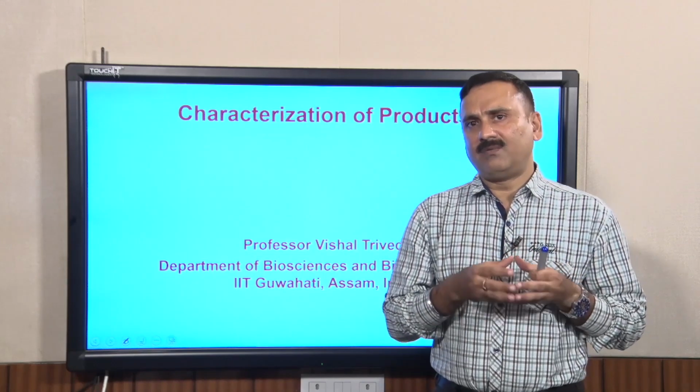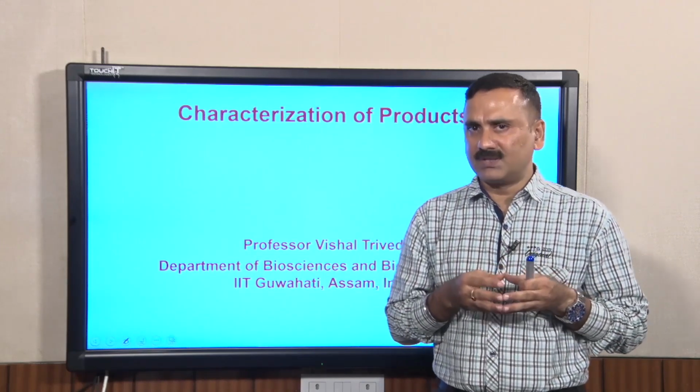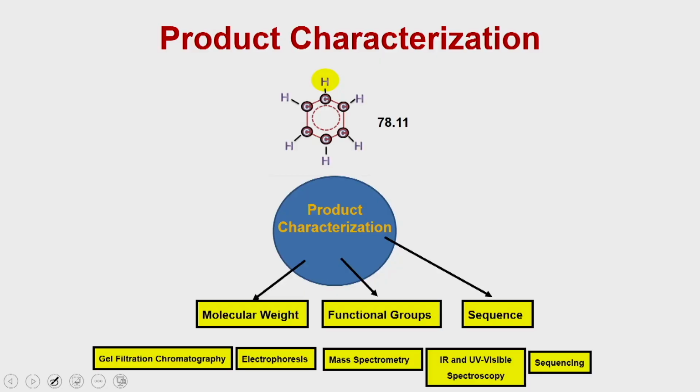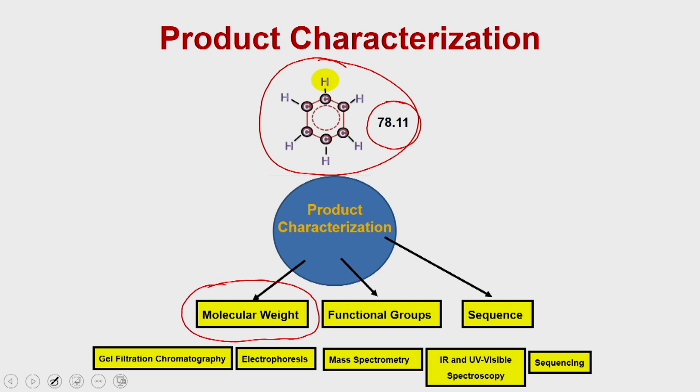So far, let us recap what we have discussed. We started our discussion with the characterization of a simple molecule like benzene. There are three aspects we have taken up so far in terms of product characterization. First, we characterize the product in terms of molecular weight, which can be done with the help of gel filtration chromatography or electrophoresis.